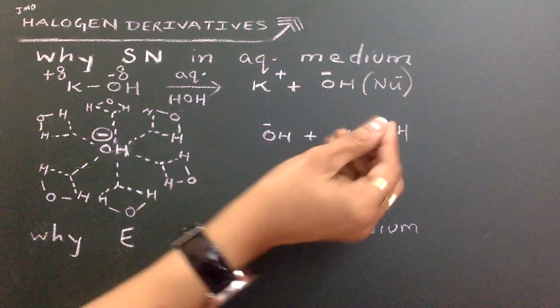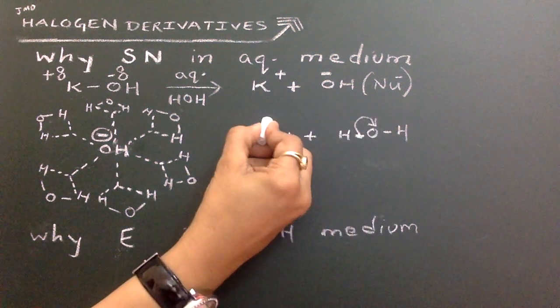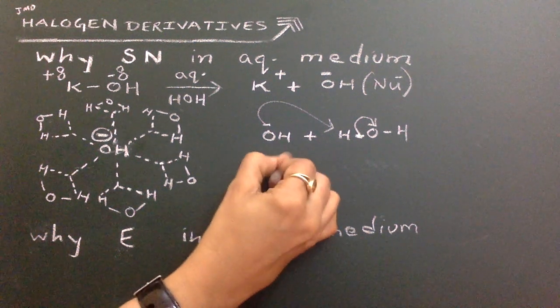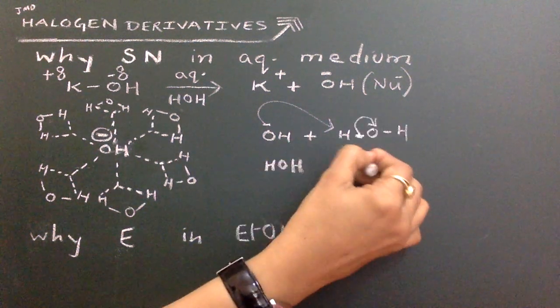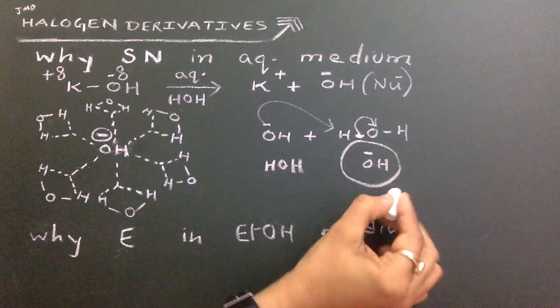Suppose it takes a proton from water. Say this electron pair goes to oxygen, being more electronegative, and this negative makes a bond with the proton. So what is the big deal? This OH will become water and that water will become OH minus. So anyhow, OH minus is existing.